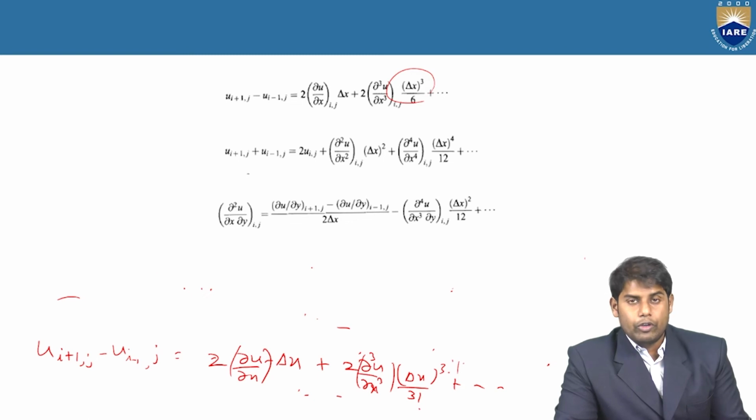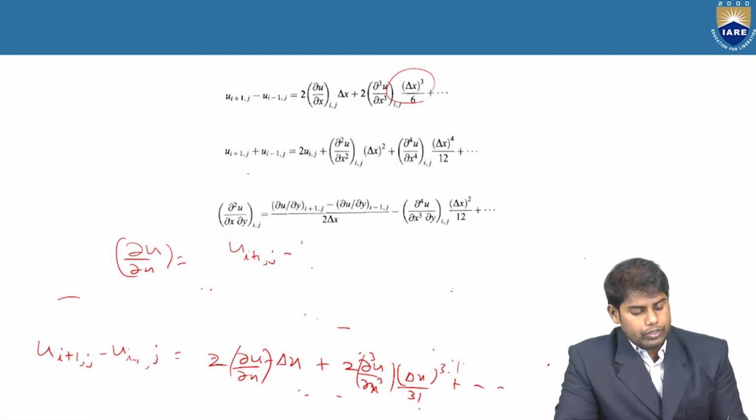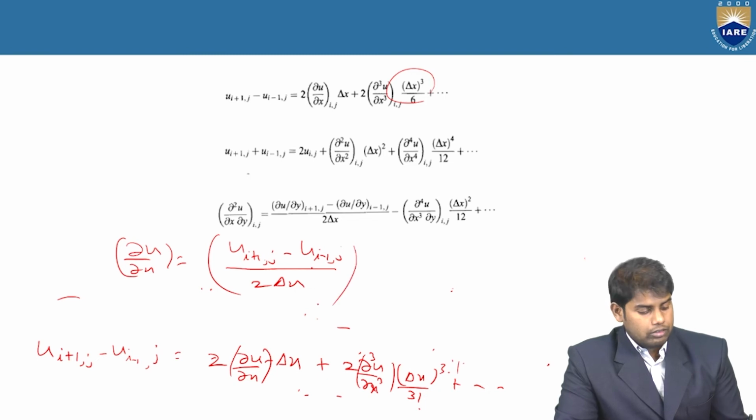So you need to get ∂u/∂x. This ∂u/∂x will be equal to [u(i+1,j) − u(i−1,j)] divided by 2Δx, so this is what we have.